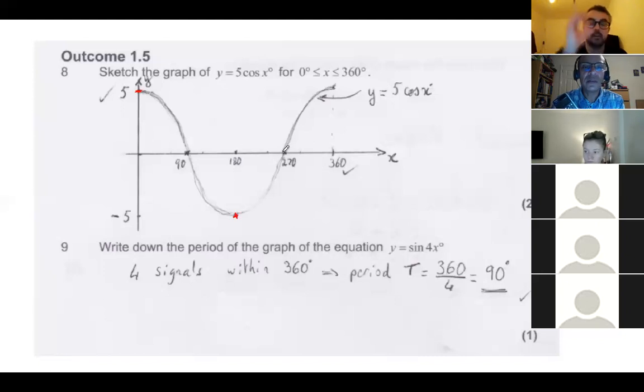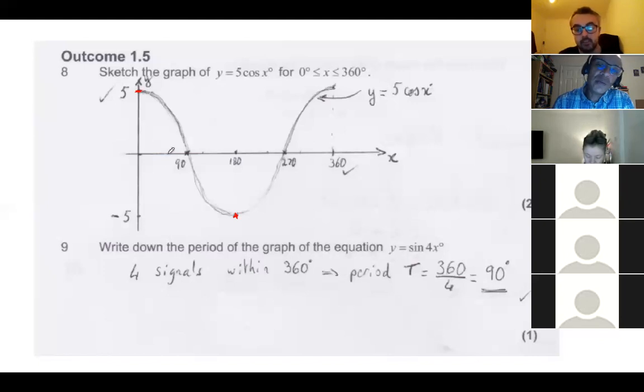When do I get a 0? And then you'll find 5 cos 90 will be a 0. Would I have got a mark, even just plotting it out with the intent of going around the right points? If you've got the amplitude, you will get 1 mark.